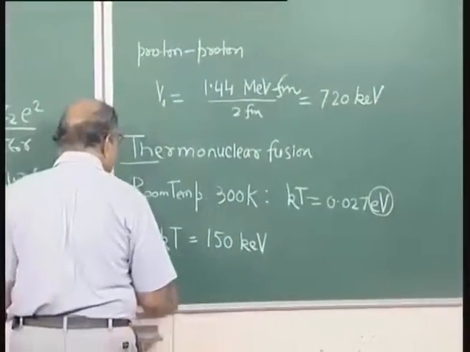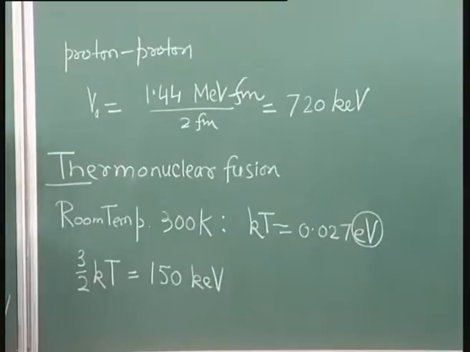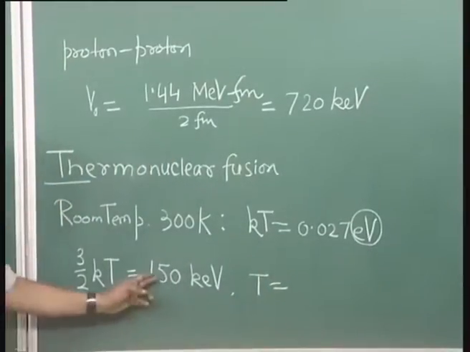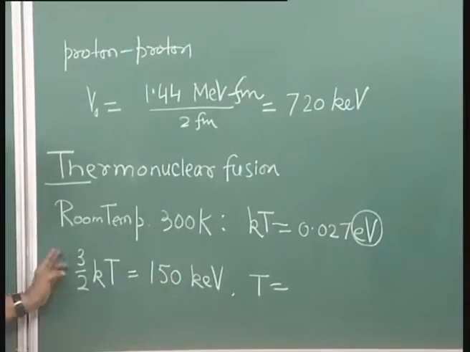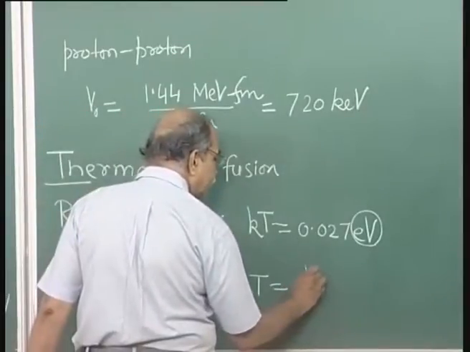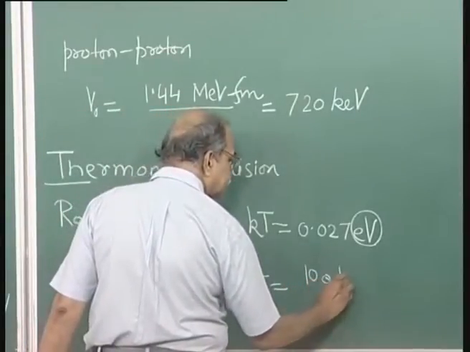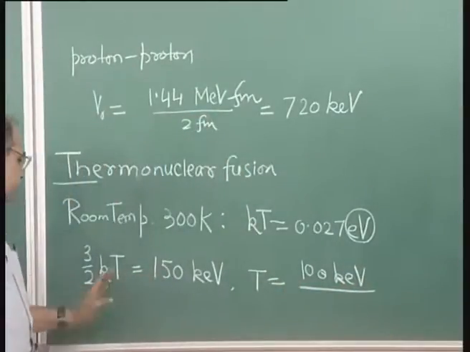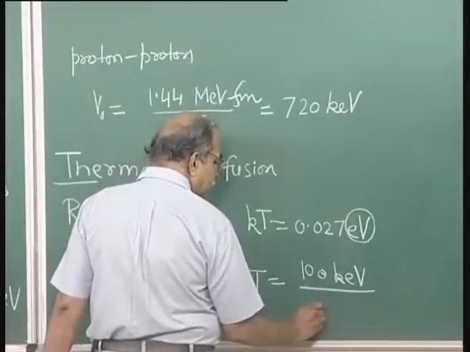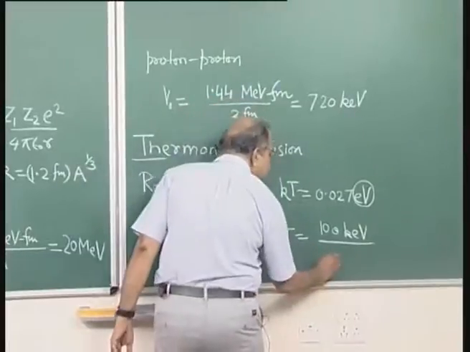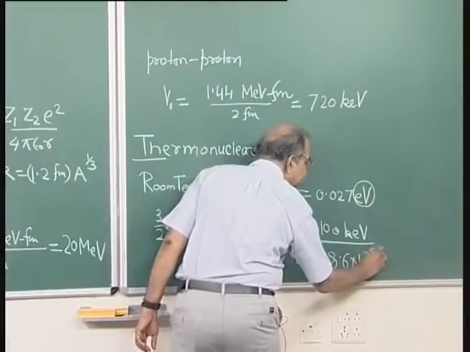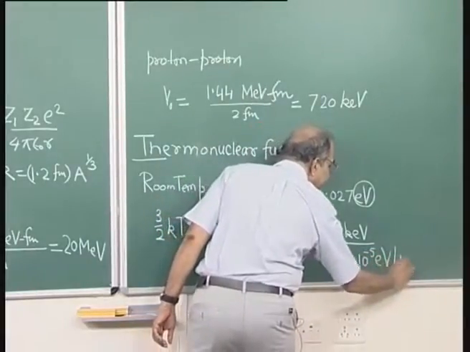So, how much is this temperature? T equal to, I have taken 150 for one more reason, this is 1.5. So, kT is just 100 keV. And this divided by the Boltzmann constant, which you can write as 8.6 into 10 to the power minus 5 eV per Kelvin.